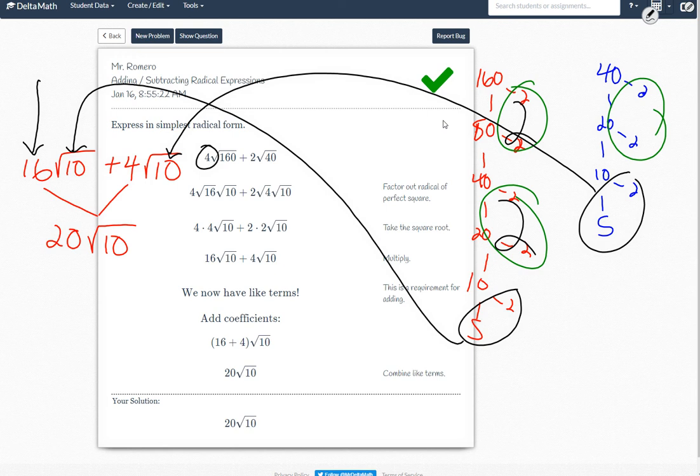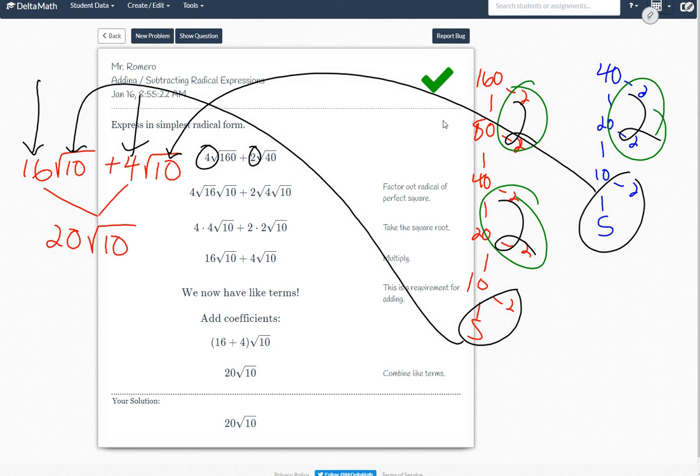On the 40, a 2 came out to join a 2 that was already there. What's 2 times 2? And then once you have that, then you just add as long as the insides match.